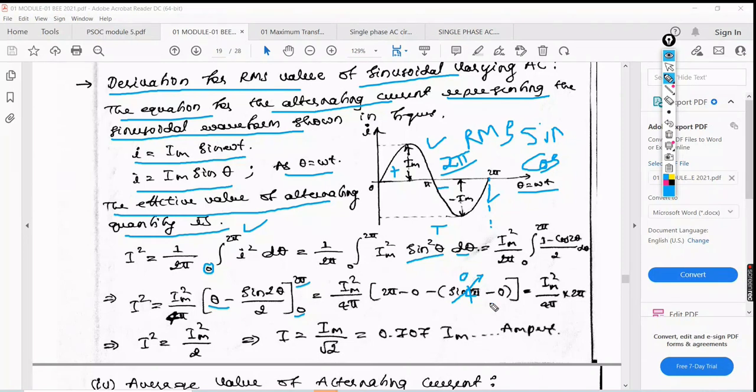So these terms become 0, and only the multiplication of 2 pi remains. So I get 2 pi divided by 4 pi into Im square, so that I square equals Im square divided by 2.